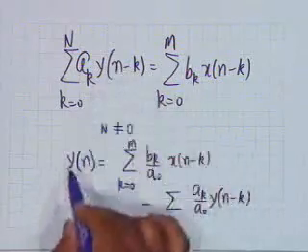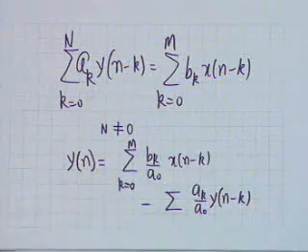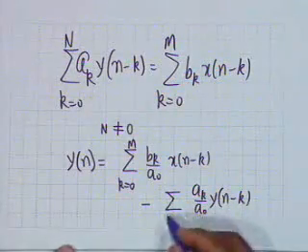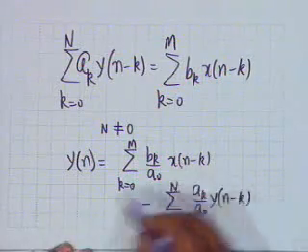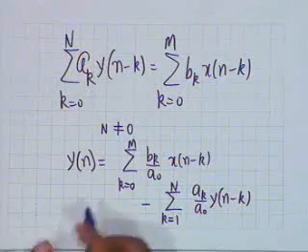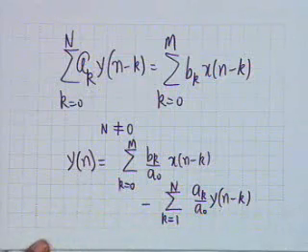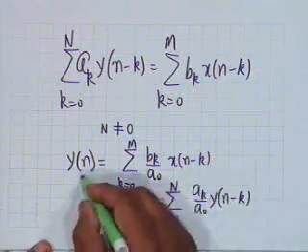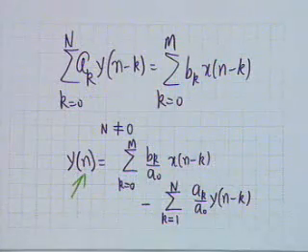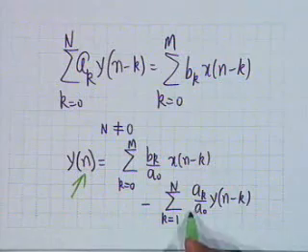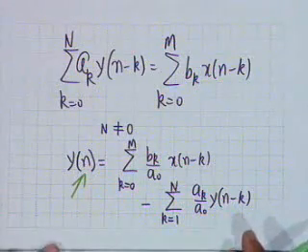That is, you retain only the y of n term on the left hand side and shift all the others to the right hand side, where k goes from 1 to capital N. You notice that to compute y of n, the present output, not only do you require the input and its past values, but you require some of the past outputs also.